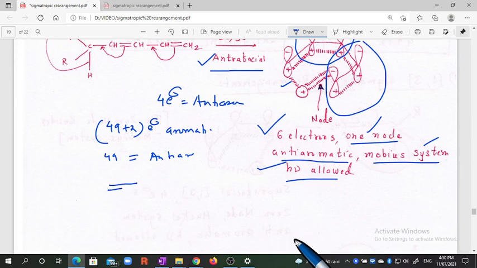First example we have considered. In the first example there are a total of 4 electrons: these 2 electrons and these 2 electrons. If it is migrated suprafacially, there is no node, so we consider the total electrons, which is 4 electrons.